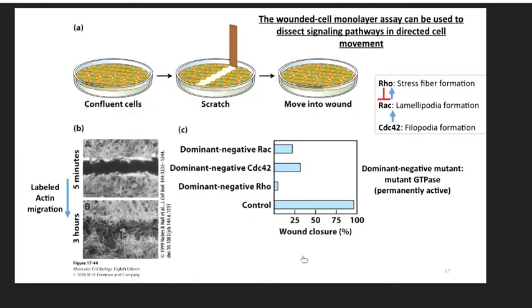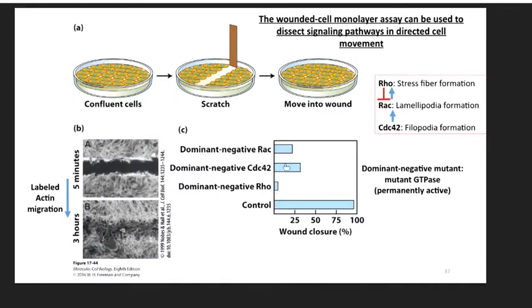This one shows the effect of dominant negative mutation, and with CDC42 dominant negative mutation wound closure still happens. The most it gets affected negatively is because of the dominant negative Rho mutation, because in this case there is very little wound closure, or the movement, basically movement of the cell.